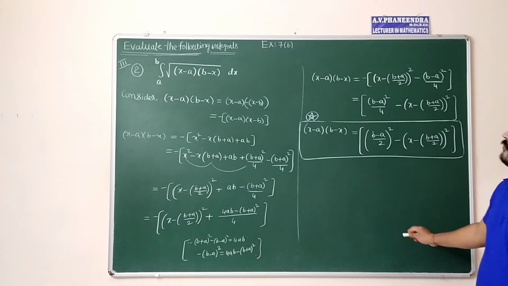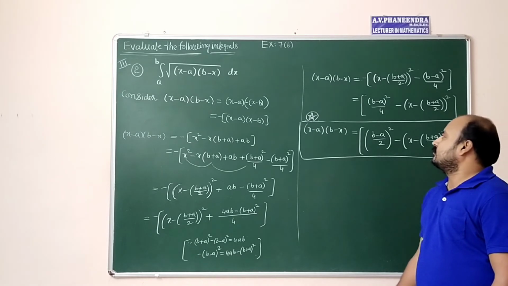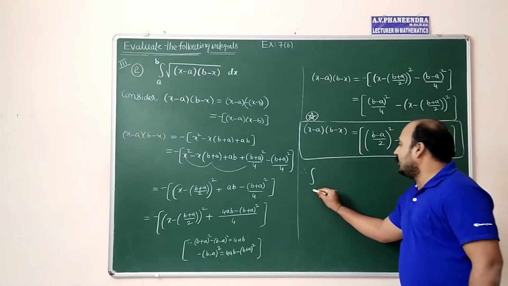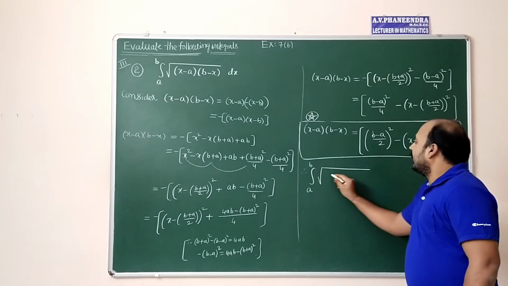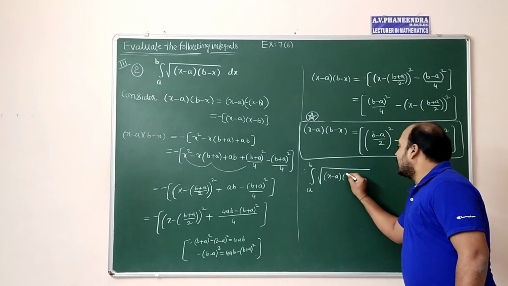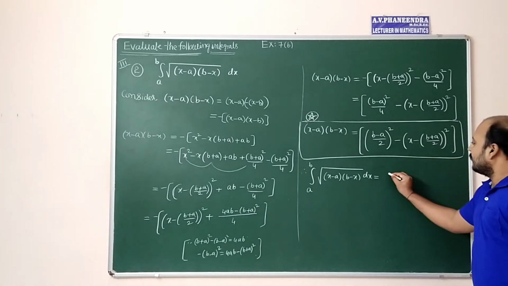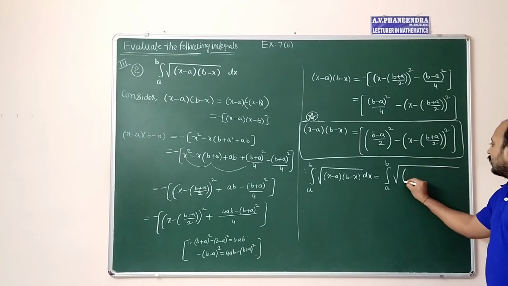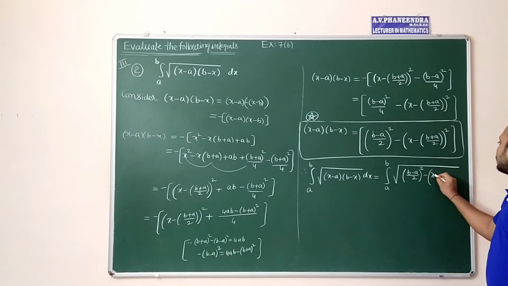After that, consider the given integral and apply the proper formula. Therefore, integral a to b square root of (x minus a) into (b minus x) dx is equal to integral a to b square root of ((b minus a) by 2) whole square minus (x minus (b plus a) by 2) whole square.